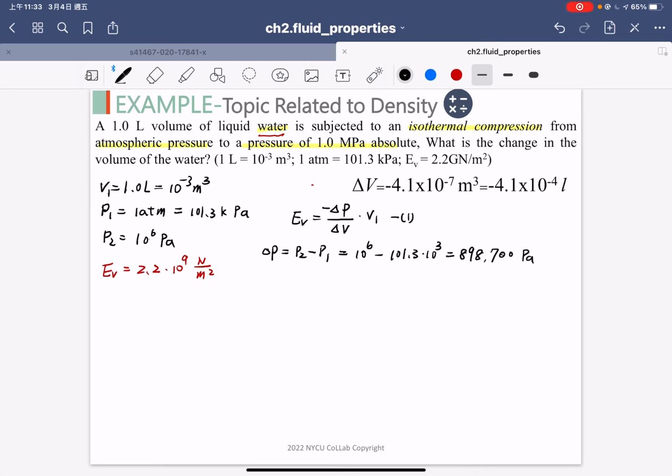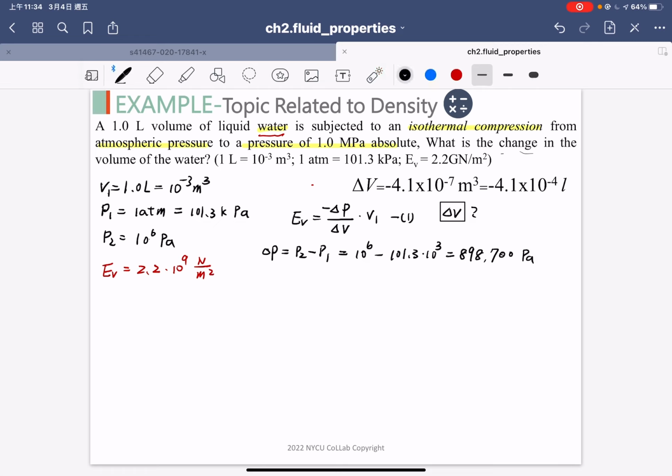Okay, and we don't know delta V, because delta V is the answer to this question. What is the change in the volume of the water? So delta V is the key unknown, the answer we want. Okay, so we keep delta V, and we know V1, which I write down here, and we know EV.